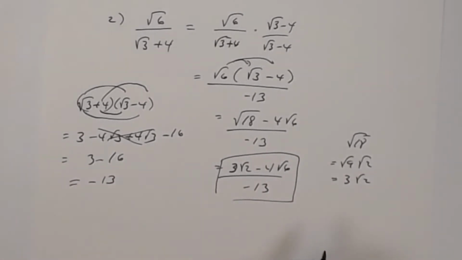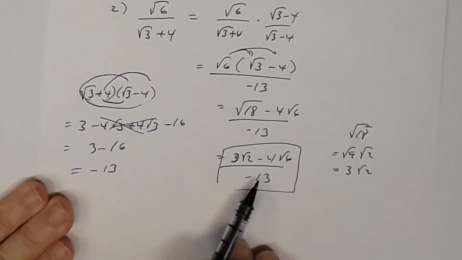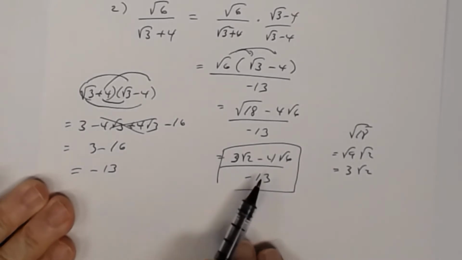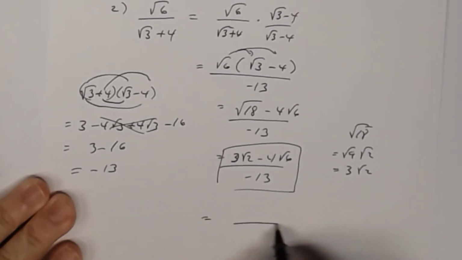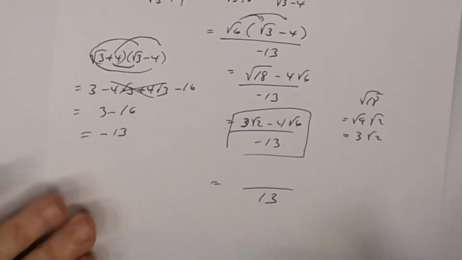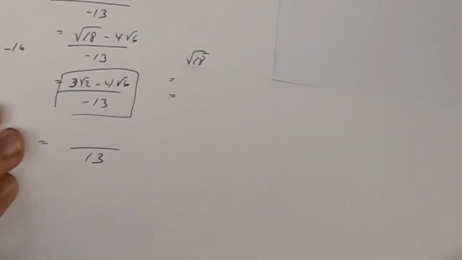Now what some students will do, by the way, just to let you know, is they just know that some textbooks may not have negative 13. They may have 13 in the denominator. I want to remind you how to do that. So let me just show you. I'm going to go ahead and rewrite this over.